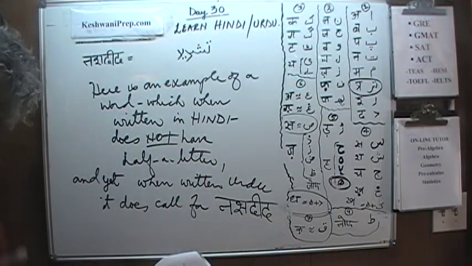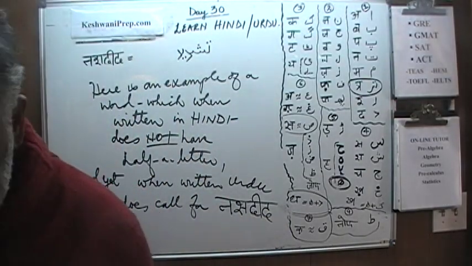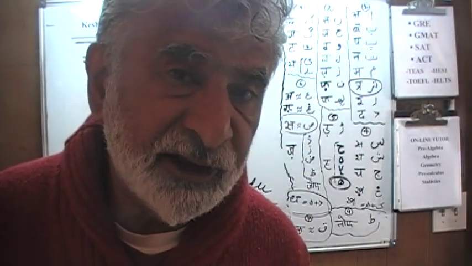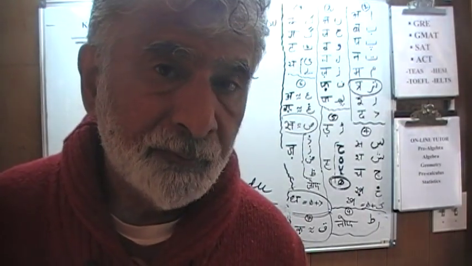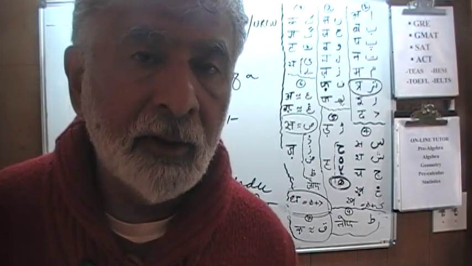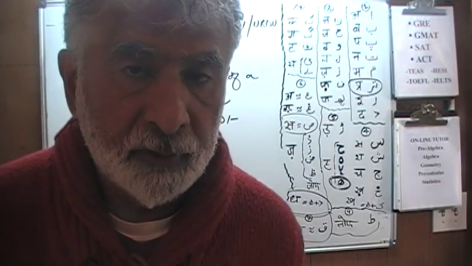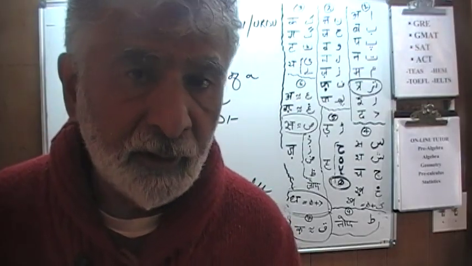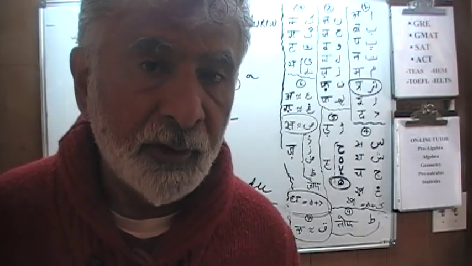How is it possible? How is it possible that when it is written in Urdu, the Urdu spelling calls for Tashdeed, but the exact same word does not have half a letter written when it is written in Hindi? Well, it's repeated. It must have half a letter, because that's what Tashdeed does. Tashdeed tells us that this letter is repeated.